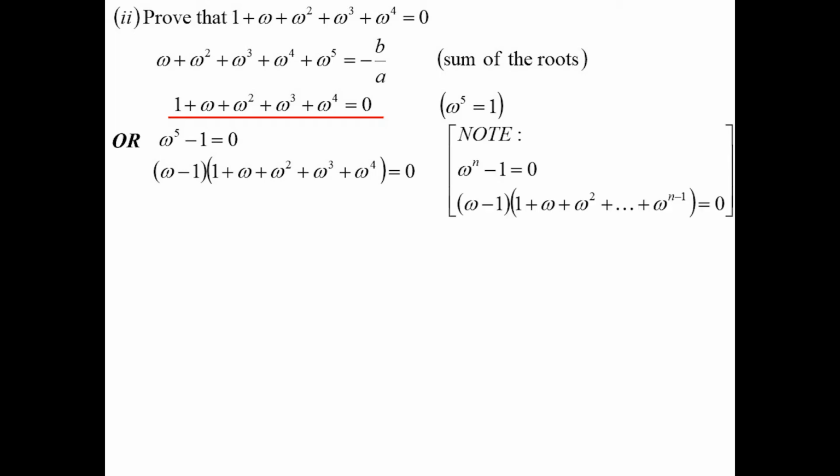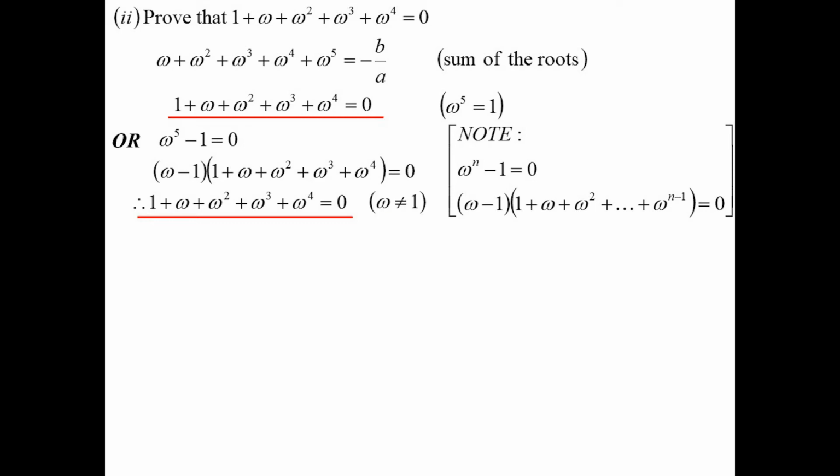Remember, we looked at difference of two squares, we looked at difference of two cubes. But that generalises to the power of anything. So I'm specifically looking at omega to the power of n minus 1, which will always factorise to be omega minus 1, and then 1 plus omega squared, and so on and so on, up to n minus 1. Well, that means 1 plus omega squared plus omega cubed plus omega to the power 4 must equal 0.